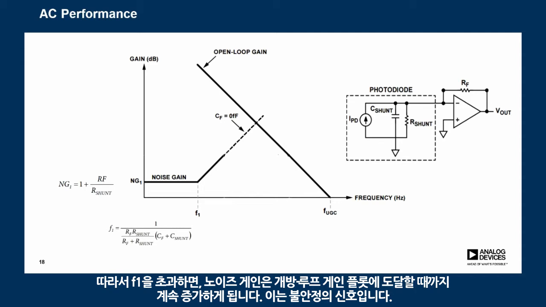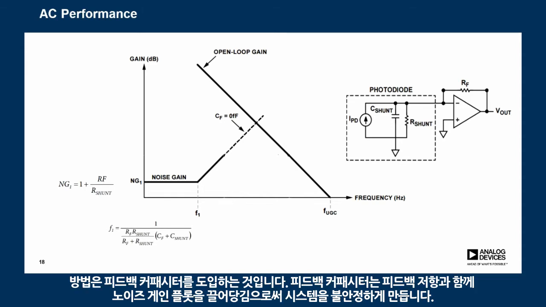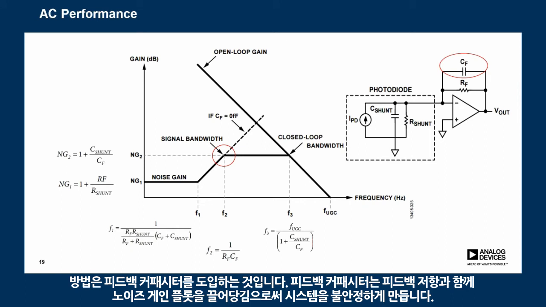until it hits the open loop gain plot. And this is a sign of instability. So what you really need is to recover the phase shift by creating a pole in the noise gain plot to stabilize the system. And the way you do it is by introducing a feedback capacitor. So a feedback capacitor together with a feedback resistor adds a pole in the noise gain plot and stabilizes the system.